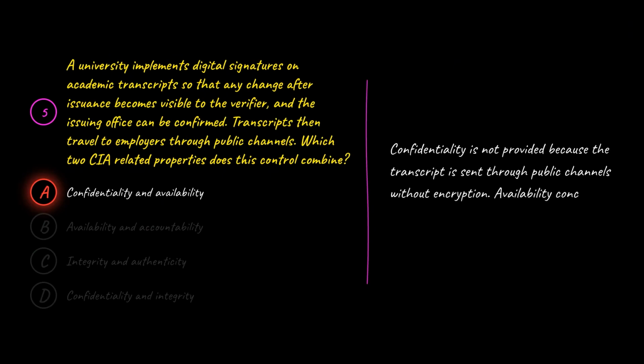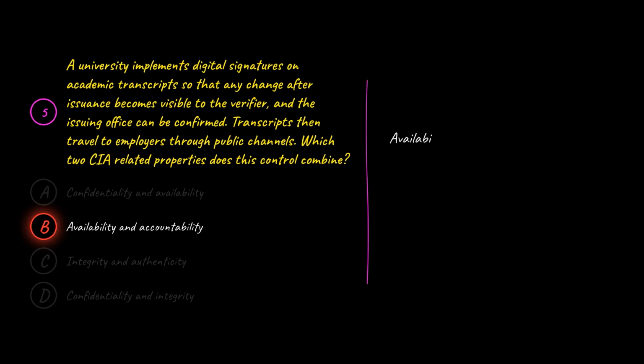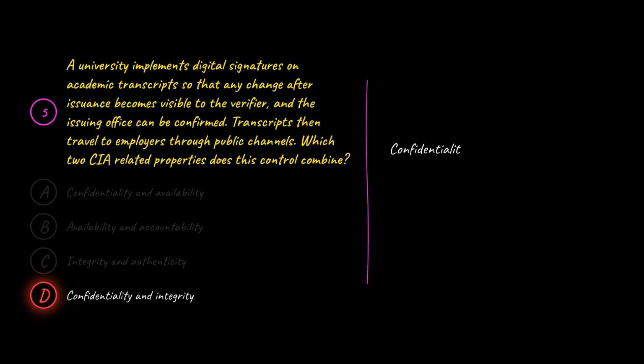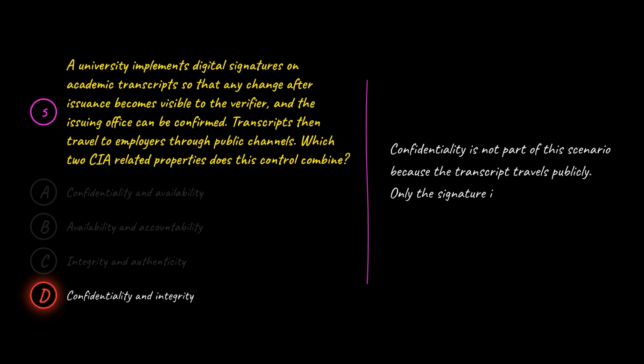Availability concerns access rather than tamper detection. B is wrong because availability concerns whether the transcript is reachable, not whether it has been altered. Accountability is broader than authenticity and is not the standard pairing for digital signatures. D is wrong because confidentiality is not part of this scenario because the transcript travels publicly. Only the signature is verifiable, not the content's secrecy.